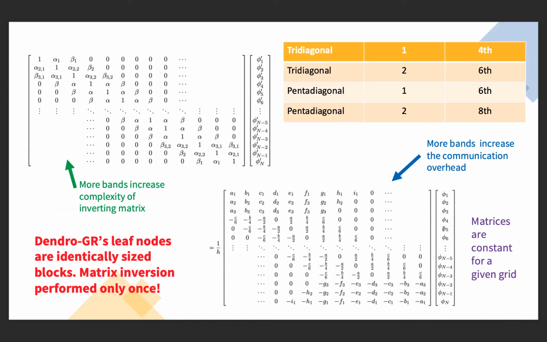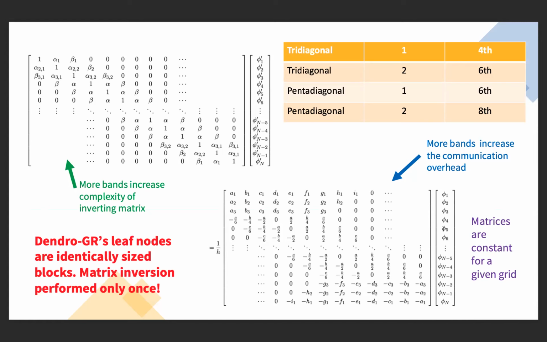But the point I want to make is that these matrices depend only on the grid structure and not on the functions themselves. And as I mentioned, Dendro has leaves that have a fixed block size. And so we only need to calculate these derivative operators one time.